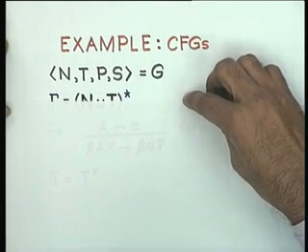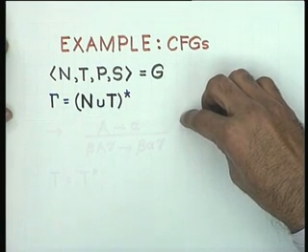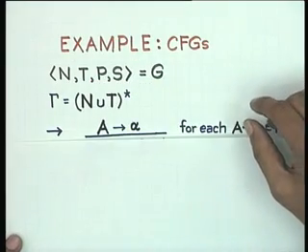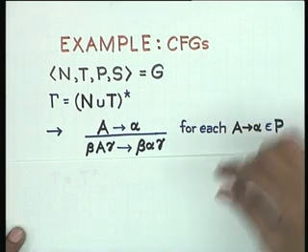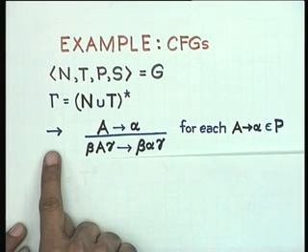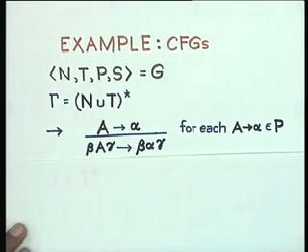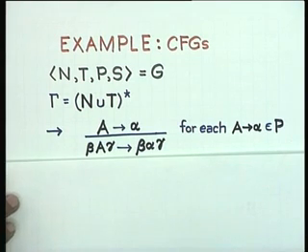So, the set of configurations that we are talking about could just be the set of all strings from N union T, and the initial configuration is the symbol S. And the transition relation, unfortunately the same arrow is being used for the rewrite rules and the transition relation, so let's make it distinct.